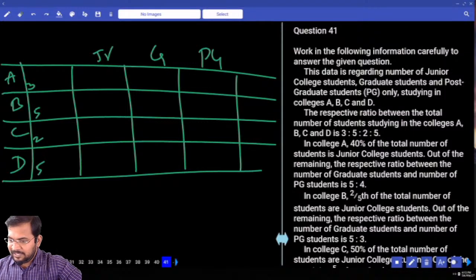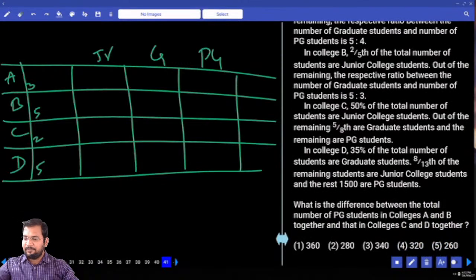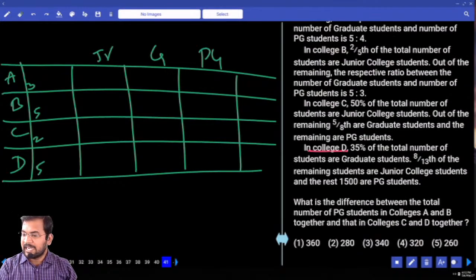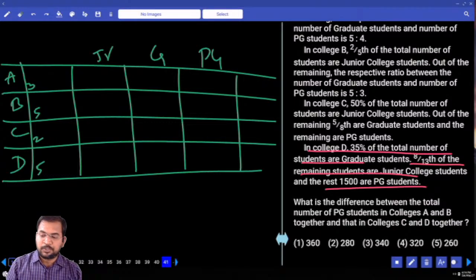So is any value given anywhere? Yes, the last one, D. In college D, 35% of the total number of students are graduates. 8/13 of the remaining students are junior college students, and the rest are PG students.